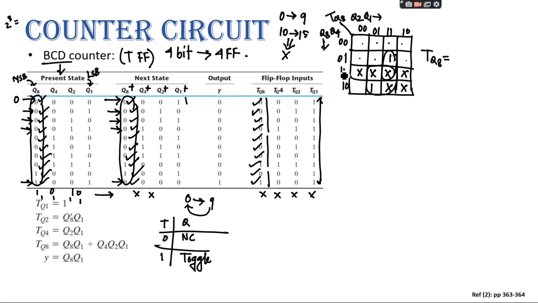If you take these 4, what is common between these 2 rows? Q8. And between these 2 rows, what is in common? Q1, right? Yes, sir. And then if you take these 2, what is common between these 2 rows? Q4.